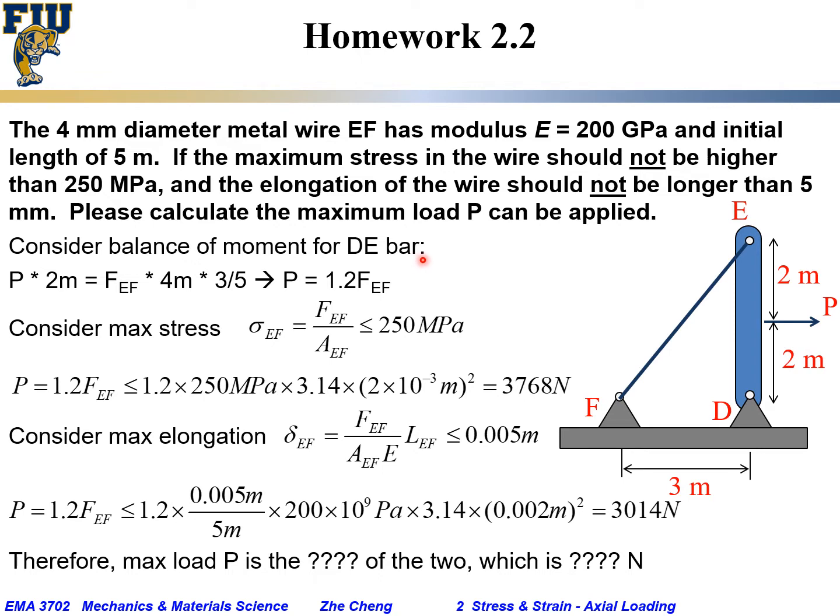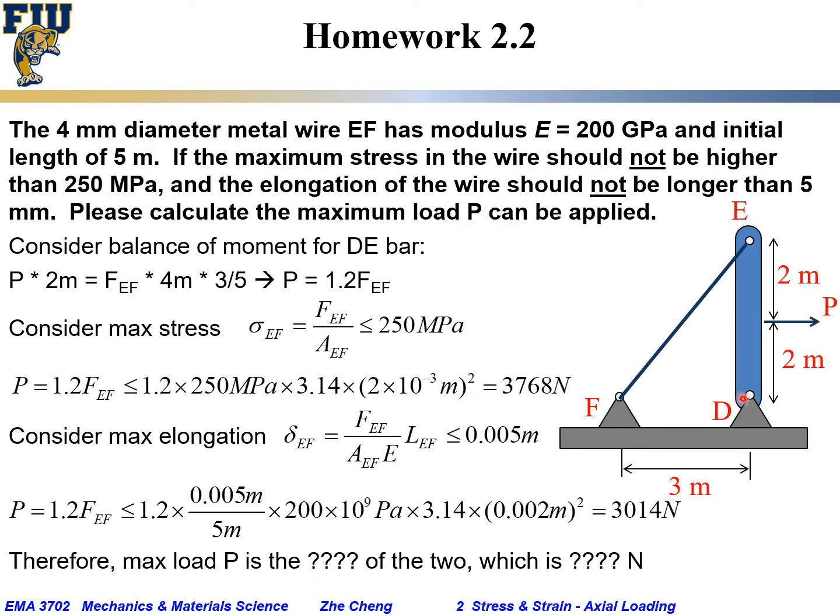Okay, so to do this, we can first understand the relationship between the applied external force P and the resulting internal force within EF. To do that, you can consider the balance of moment around the DE bar.